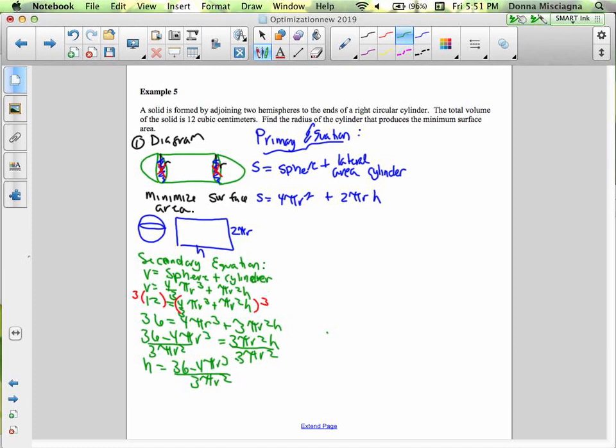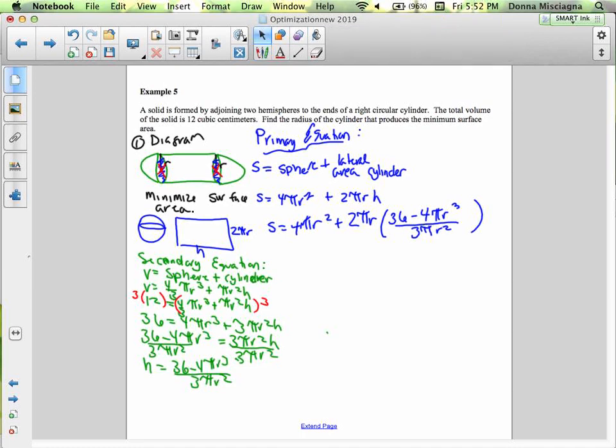All right, and now we're going to come up to our primary equation, and we're going to replace h with that business there. All right, and then we can take the derivative. So we have s equals 4 pi r squared plus, and at that time we will simplify, 2 pi r, and then this is 36 minus 4 pi r cubed divided by 3 pi r squared.